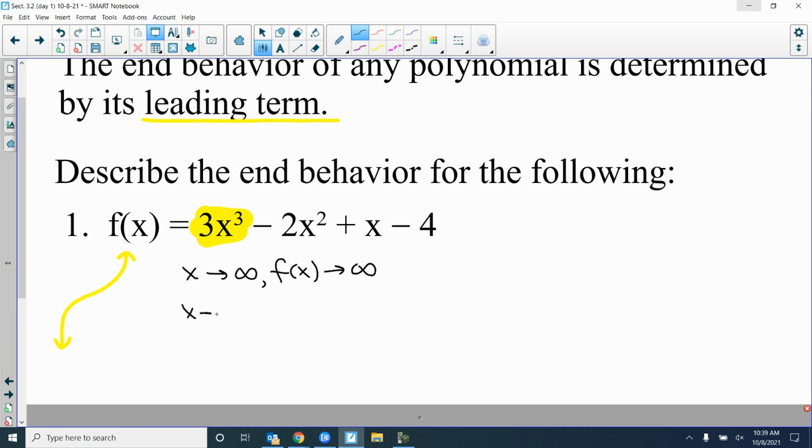And as x goes to negative infinity, it gets smaller, f of x goes to negative infinity. Now, it doesn't mean it'll have that exact shape. That just means to the left, it's going to go down, and to the right, it's going to go up. There might be some twists and turns in there, but just to the left and to the right, it has to have that end behavior.